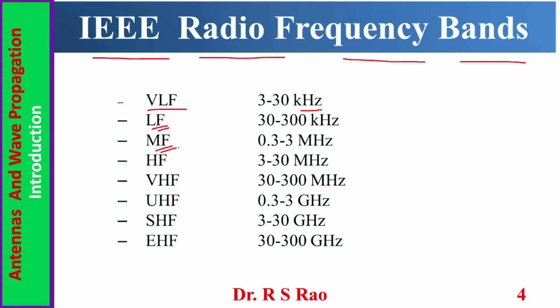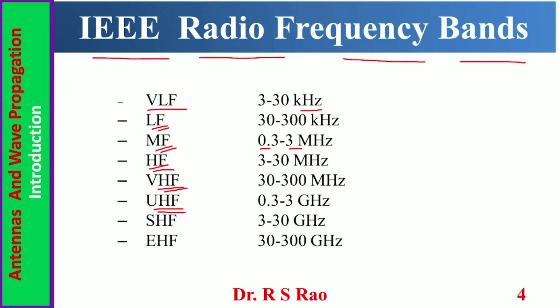MF means medium frequency. Its range is 0.3 to 3 megahertz. HF means high frequency. Its range is 3 to 30 megahertz. VHF means very high frequency. Its range is 30 to 300 megahertz.